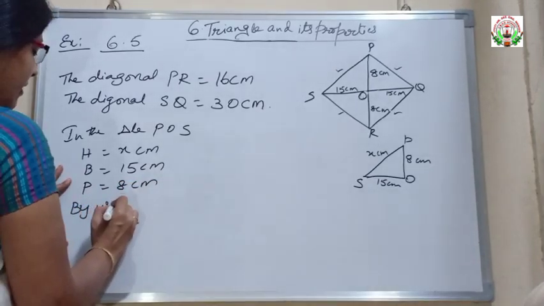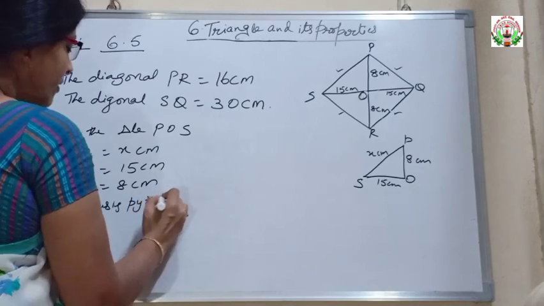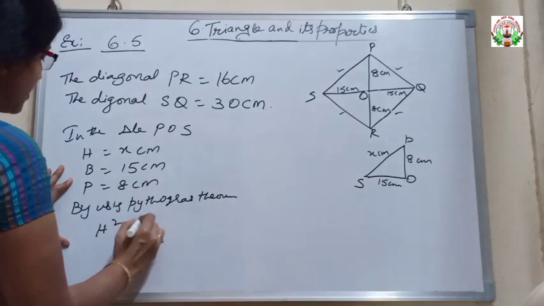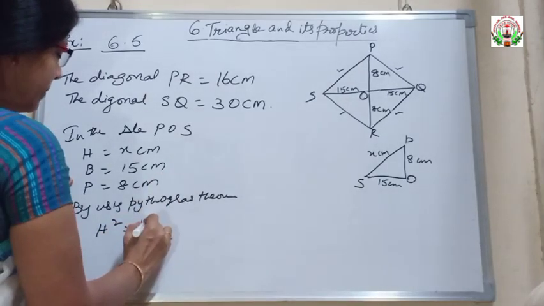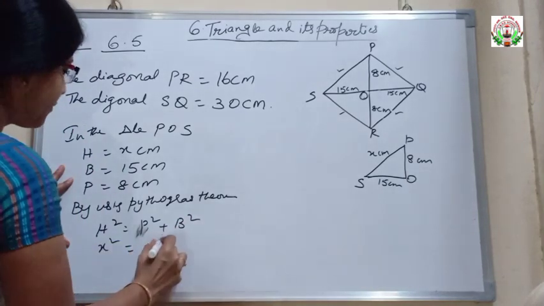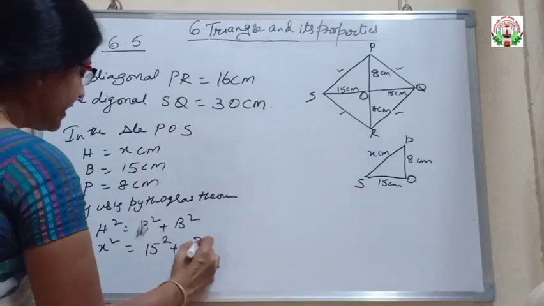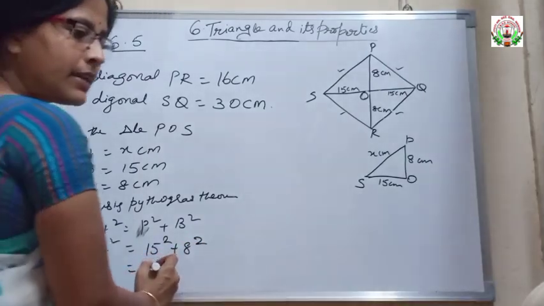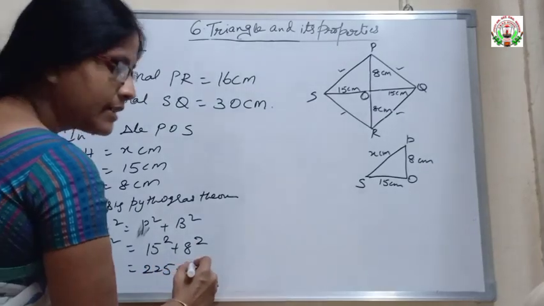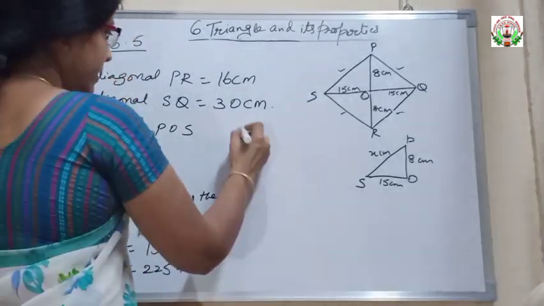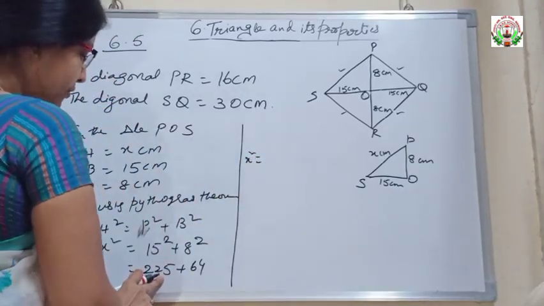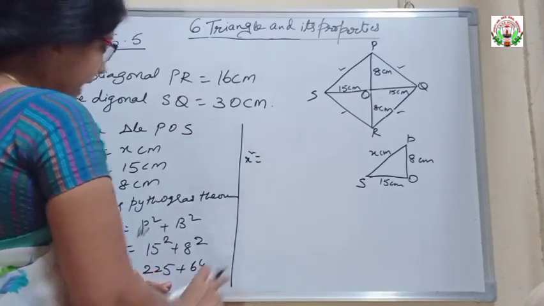So by using the Pythagoras theorem, hypotenuse square equals perpendicular square plus base square. So x square is equal to 15 square plus 8 square. 15 square is 225 and 8 square is 64. So here x square is equal to 225 plus 64, which is 289.